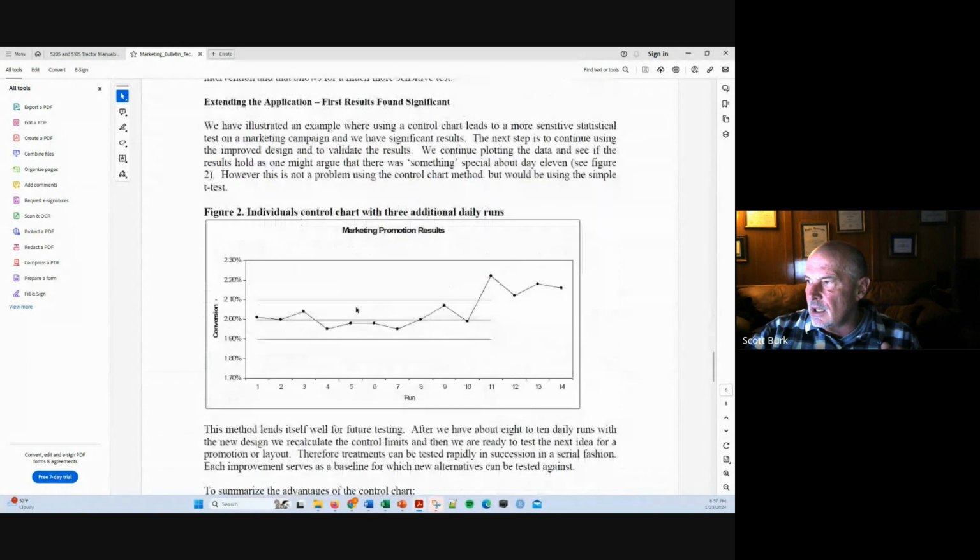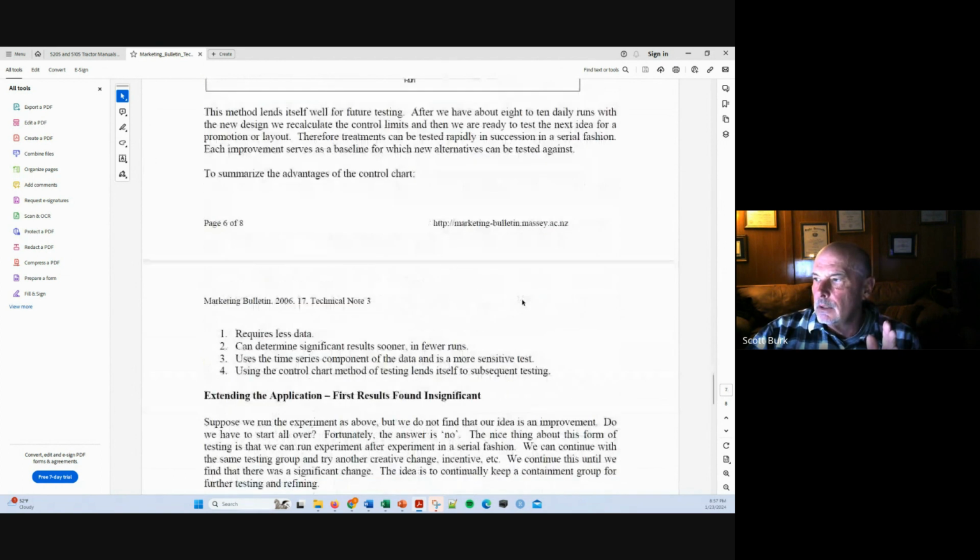And so this is the marketing promotion results of a campaign. The existing trend, and then boom, we make our change, our intervention, we change the process, and then it goes above the line, and you can see it stays above the line. So we have a significant result here.